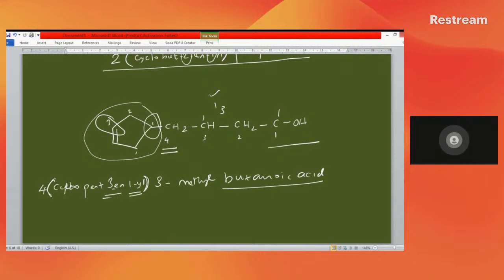So far we were seeing so many rules from the beginning: presence of side chain, when there are more alkyl groups how to assign the name, when there is unsaturation in the ring structure how to assign the name, and how to compare the chain length of the side chain and the ring structure and put the correct name.